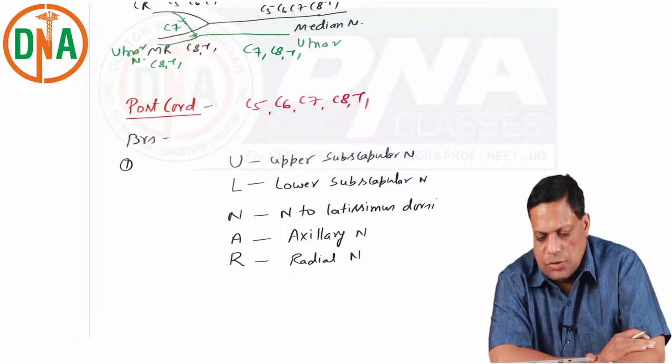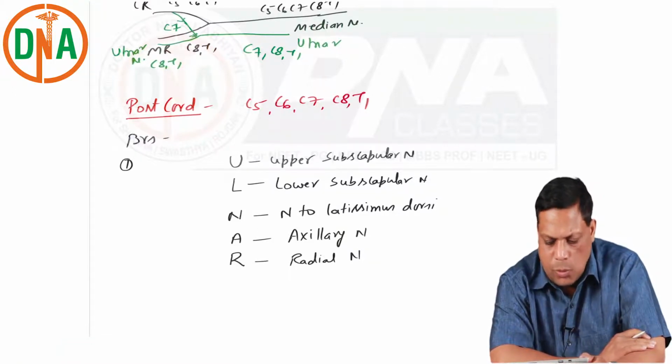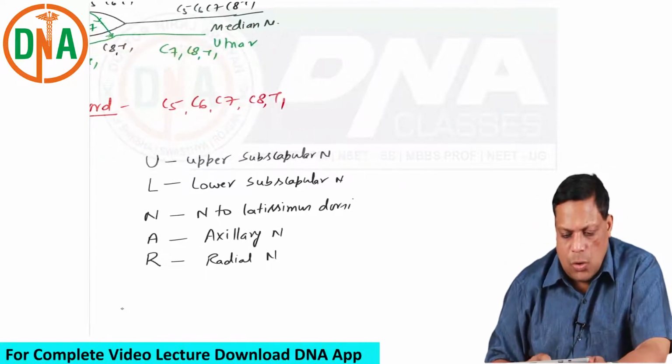So these are the branches from the posterior cord. Mnemonic is ULNAR.